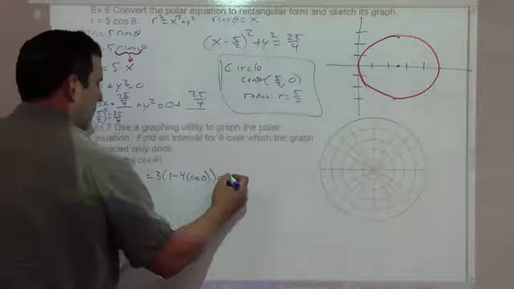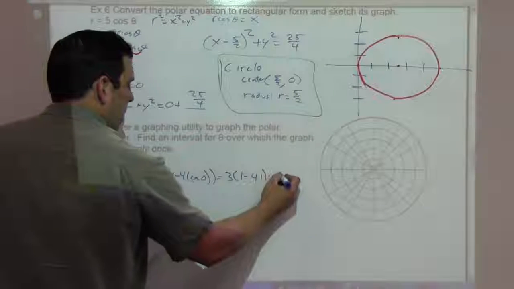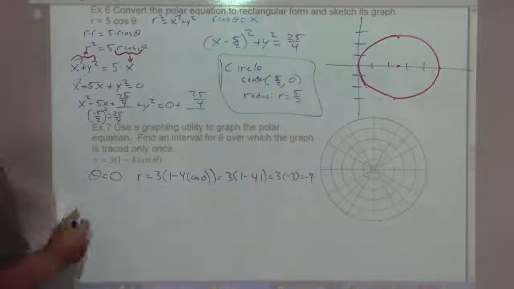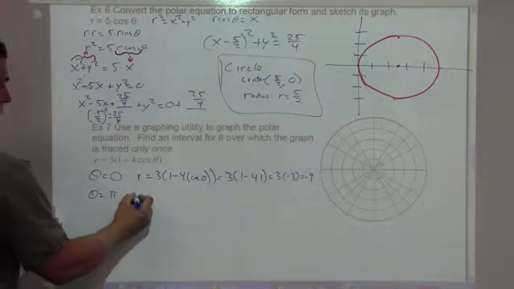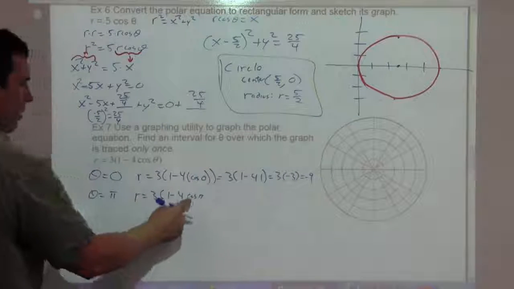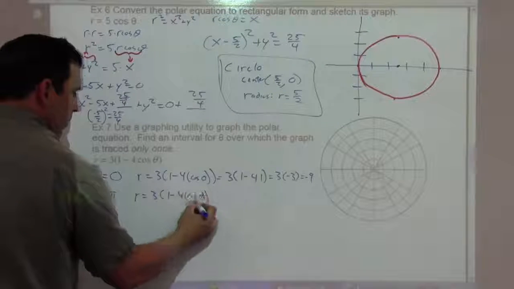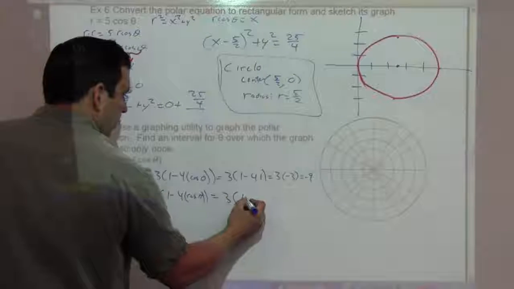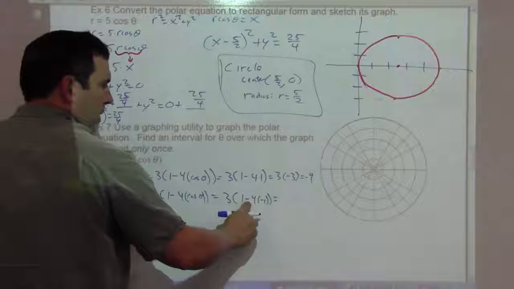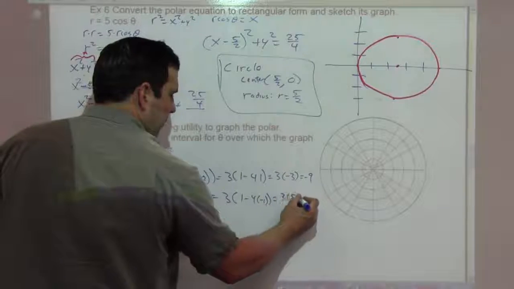That's 3 times (1 minus 4), which is 3 times negative 3, which is negative 9. For theta equals pi, r is 3 times (1 minus 4 times cosine of pi). I'm choosing values where cosine is going to be 1 or negative 1. There's 3 times (1 minus 4 times negative 1). Now 1 minus a negative 4 is 1 plus 4, which is 5, so 3 times 5 is 15.